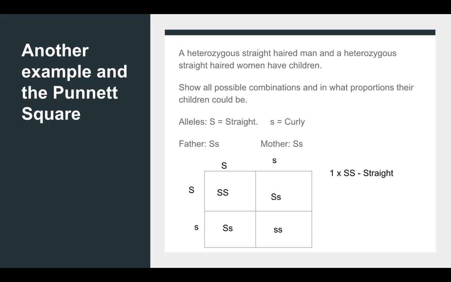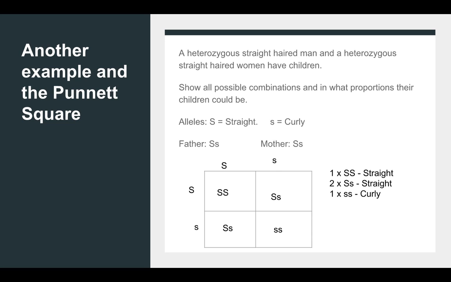And this produces 1 times capital S capital S, a straight-haired homozygous offspring. We're going to have 2 lots of capital S lowercase s, which again is straight-haired but heterozygous, and 1 lot of 2 lowercase s, which is going to produce a curly-haired offspring.